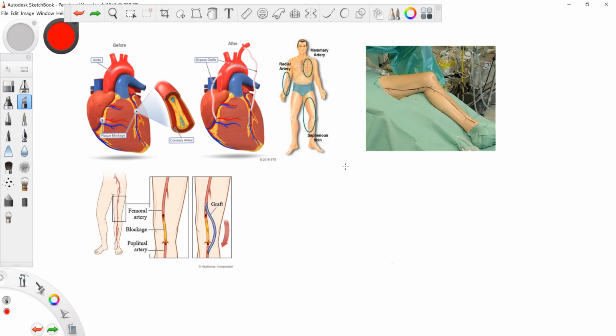So, all right. We do these for a couple of reasons, and you guys basically said bypass, and there could be several different kinds of bypasses we're talking about. A lot of them, this up here is a CABG.